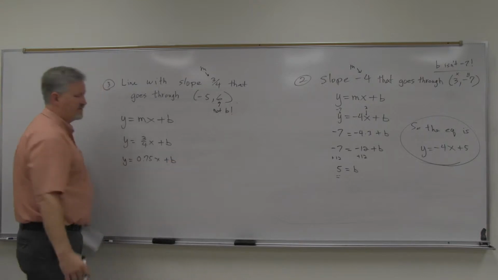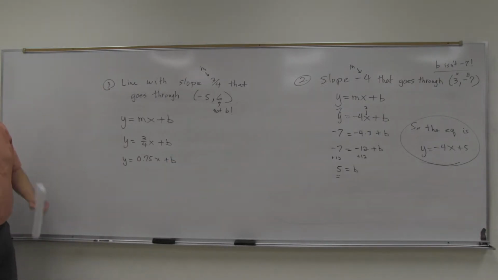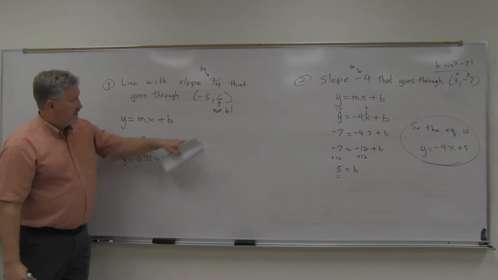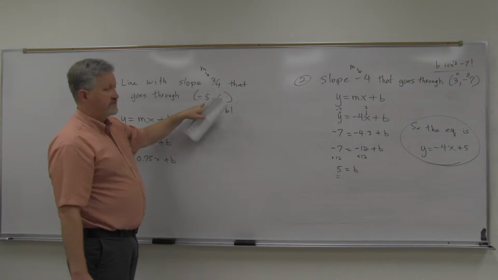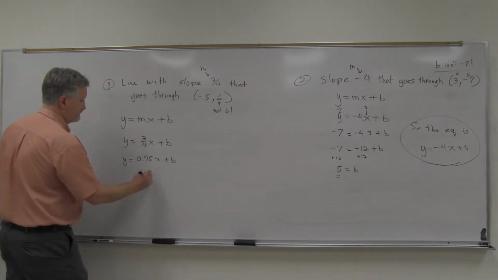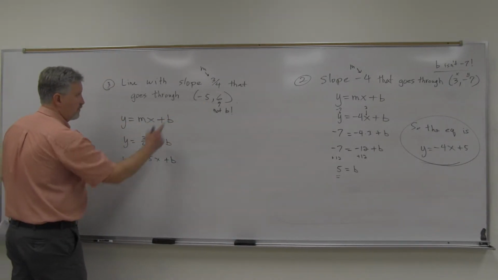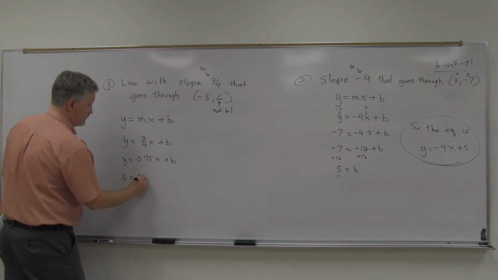0.75x plus b. I think the book usually gives the fraction, but it's easy to convert to decimals: 3 divided by 4 is 0.75. So how do we find the b? Well, one way to do it, plug in this for x and y. The x is -5. The y is +6.